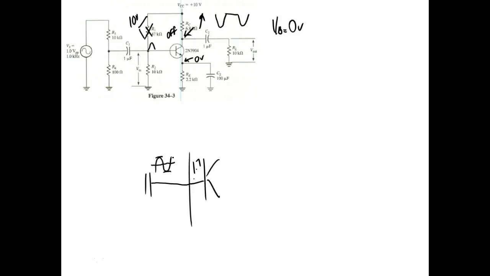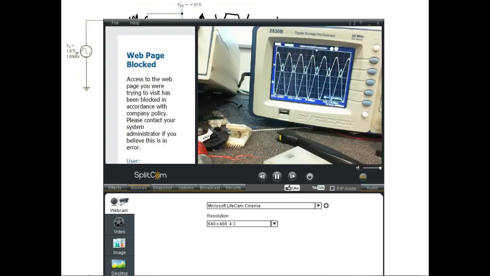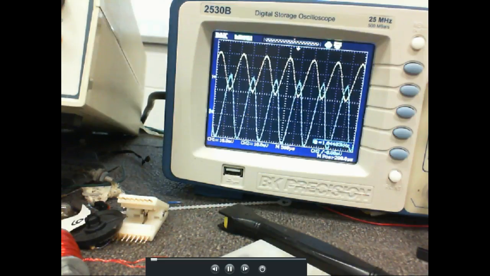So I've still got an AC signal coming into this thing. Here's my scope, and right now it's not bypassed, but it doesn't make any difference. I've got an AC signal coming in and an AC signal coming out. So I'm going to come back and measure my bias voltage.